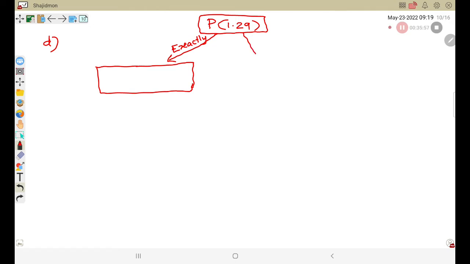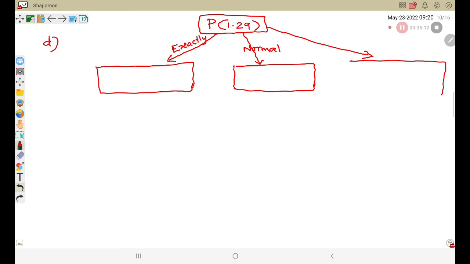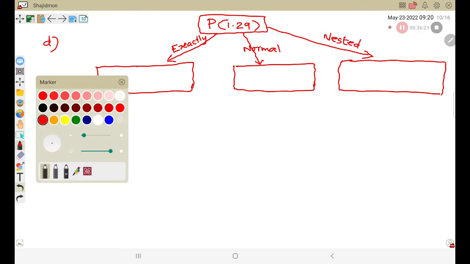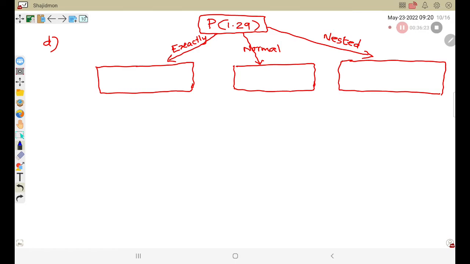After that, for the same question we did the normal method or regular method. We will get a number here, correct? After that, we did the same question by using the nested method, nested form. Okay, so what are the answers you got? I am just writing here. Exactly, from A part of the question, what answer we got?